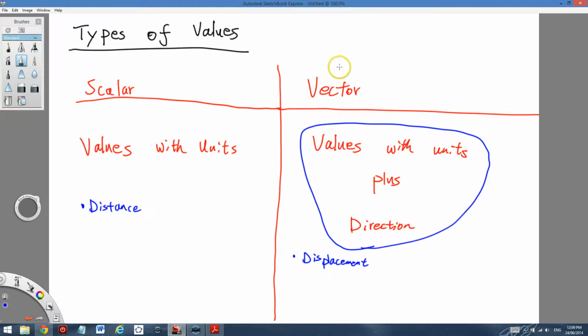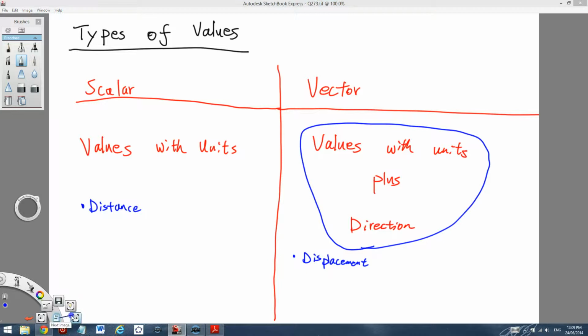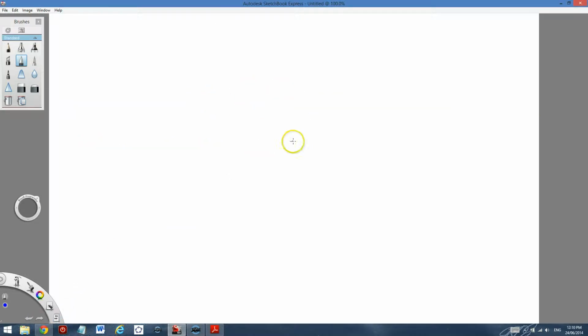Let me give you an example. Say I'm standing right here on the ground, and there is, let me draw a dog.